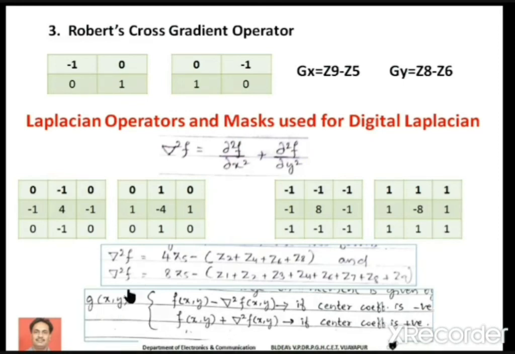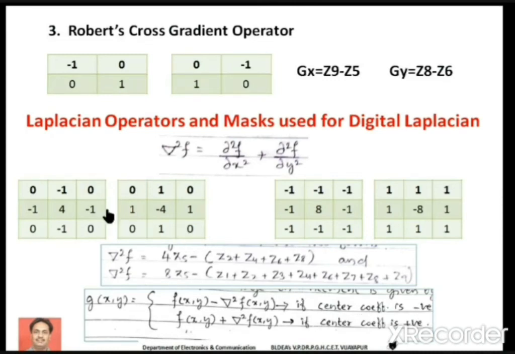The enhancement of the image is g of x,y equal to f of x,y, the pixel value at location x,y, minus its Laplacian value if the center coefficient of the mask is negative.